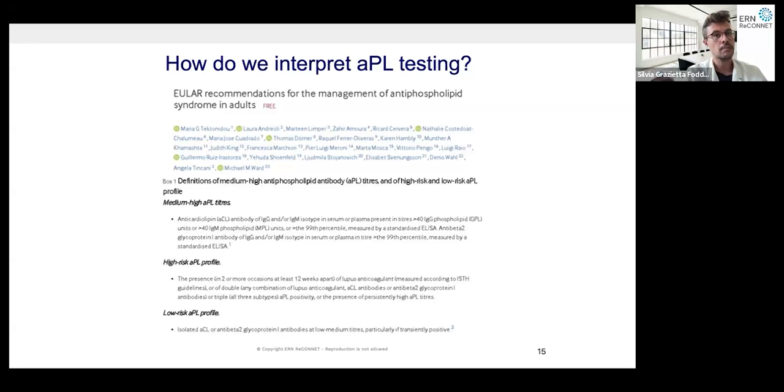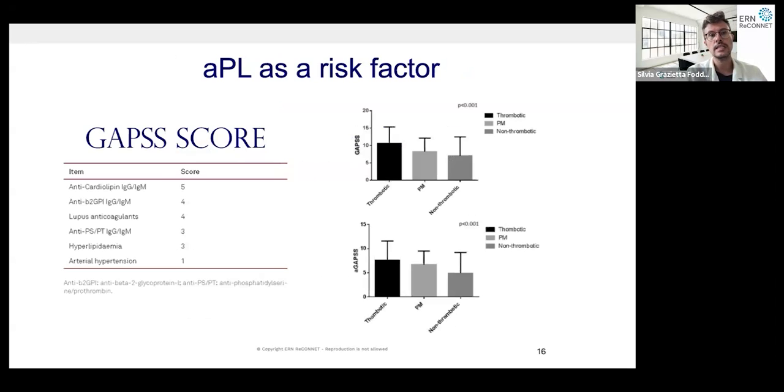How can we interpret this in an easier way? The moderator, Professor Sciascia, developed some years ago a score, the GAPS score, the Global Antiphospholipid Syndrome score, which gives a number to the positivities of the antibodies.